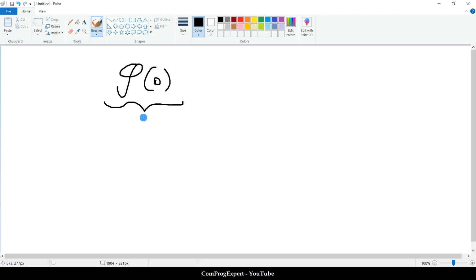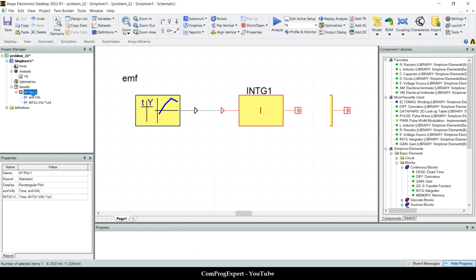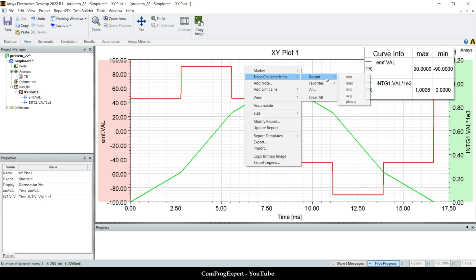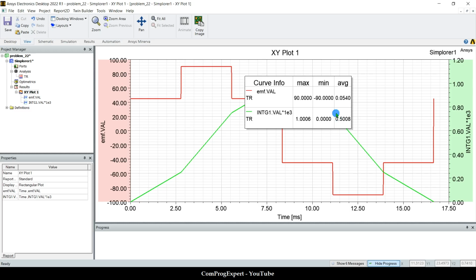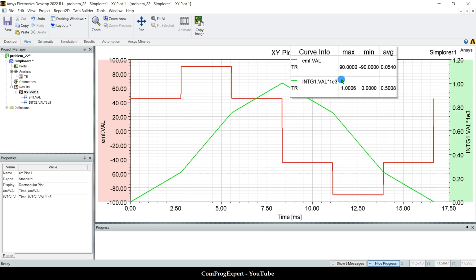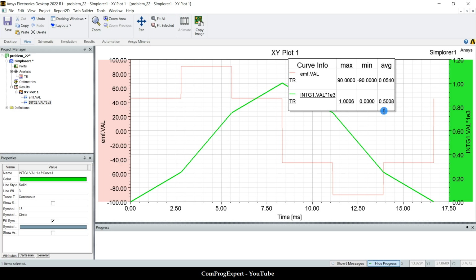If we don't consider any DC bias, we know that the integral of phi over one electric period must be equal to 0. For this function, the average value is 0.5 milliweber, and I can shift this function down to make its average value 0, neglecting the DC bias.